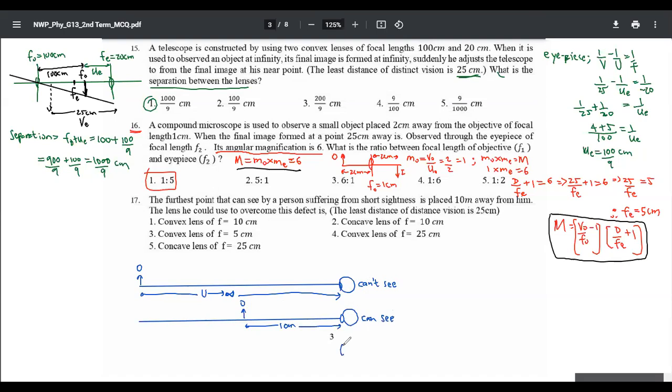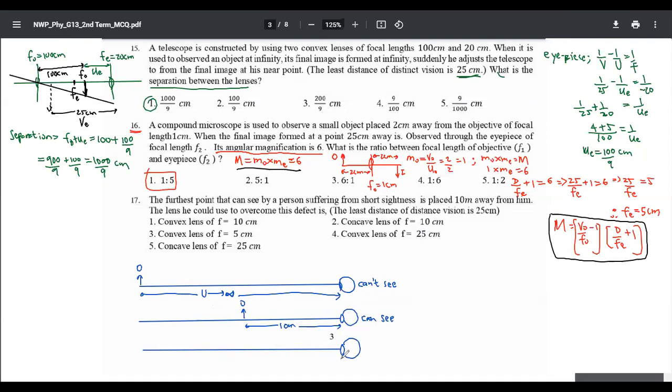So the lens he is going to wear, let's pretend that you don't know anything, just starting from scratch. Some of you might have just guessed the answer by now, but I'm explaining with the basics. At the exam, if you can't remember anything, you do it from the basics. Now he wants to see the object at infinity. When the object is directly kept at infinity, he can't see. But when the object is kept at 10 meters, he can see.